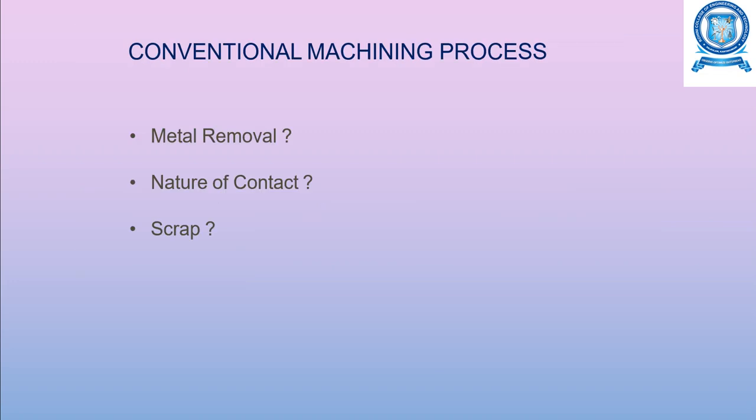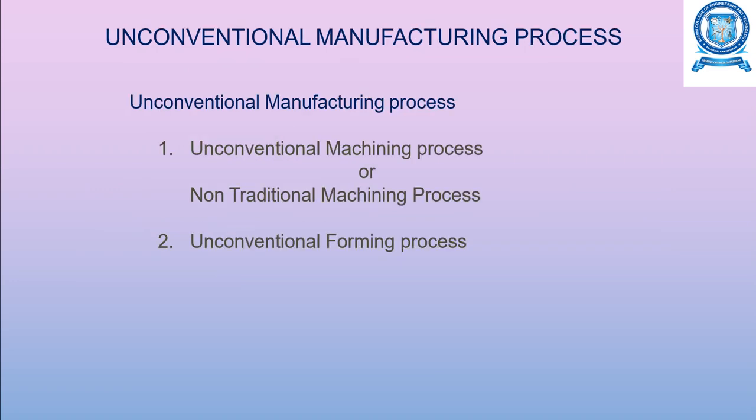Conventional machining process involves metal removal, nature of contact, and scrap. Conventional machining process has all these three important aspects. And the unconventional process is of two basic types: the unconventional machining process or non-traditional machining process, and the second one is the unconventional forming process.